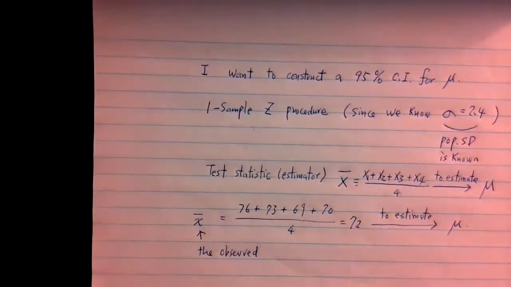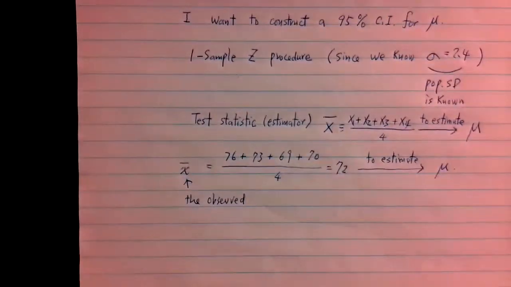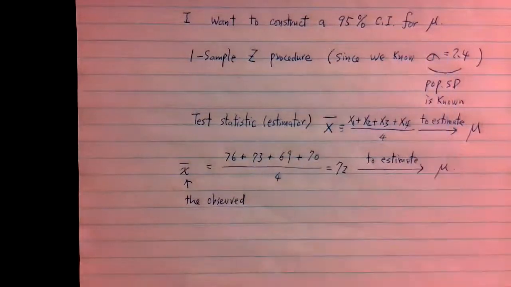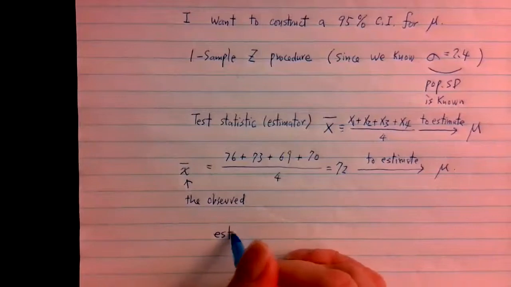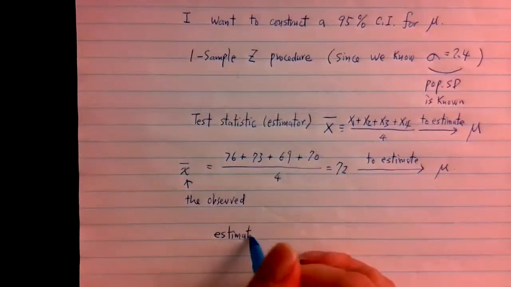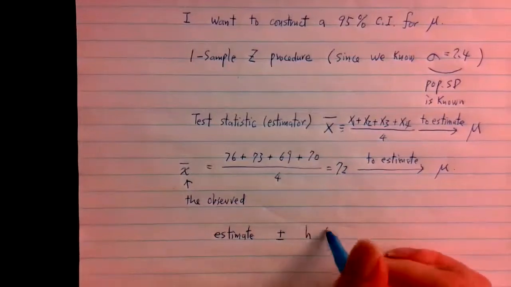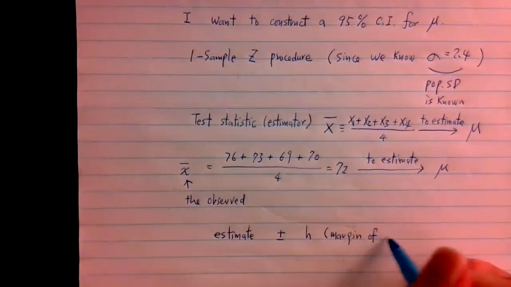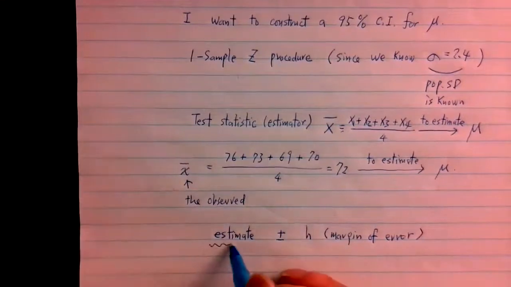What do I want to do? I want to build a 95% confidence interval for mu. And if you watched the video, it's a standard procedure: estimate, give or take H, where H is the margin of error. And what is an estimate?